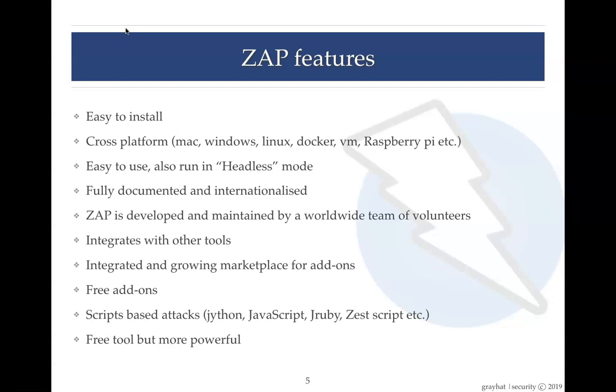The main reason to use the ZAP tool for penetration testing and for hunting for web application insecurities is that it also has an integrated marketplace for add-ons, and that is all completely free. All add-ons are developed by volunteers around the world, so it is free. You do not need to pay for anything once you have installed this app and are using it. You can use everything inside this tool free of cost.